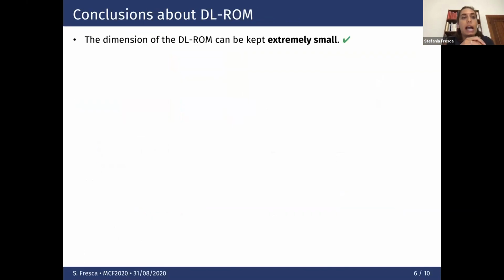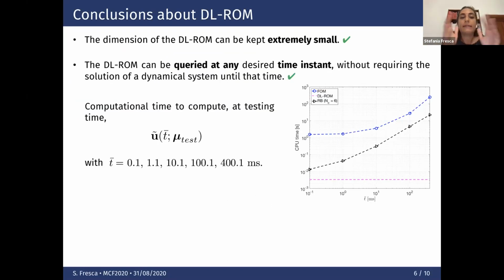Now I want to highlight some of the benefits introduced by the use of the DL-ROM. Its dimension can be kept very small. Indeed, it can be kept very close or even equal to the intrinsic dimension of the problem. By directly modeling the relationship between the parameters and the intrinsic coordinates, the DL-ROM can be queried at any time instant without requiring the solution of a dynamical system until that time.